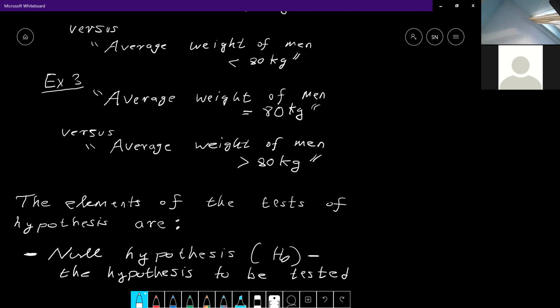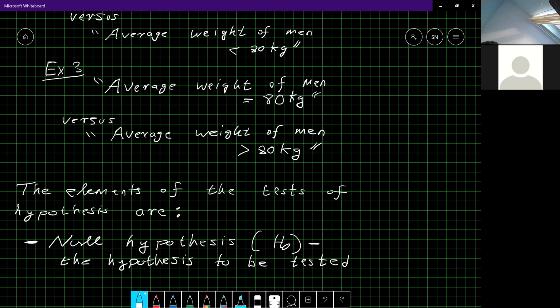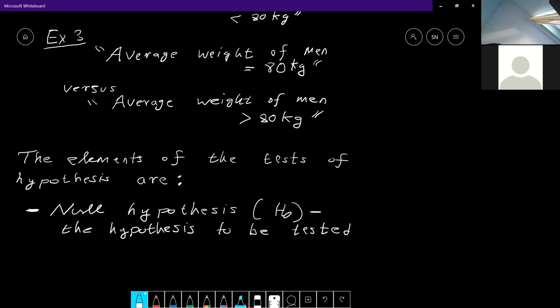This is the hypothesis to be tested, right? So I'm going to talk about the various elements of testing hypothesis. The first one is the null hypothesis, and the second one is the alternative hypothesis.